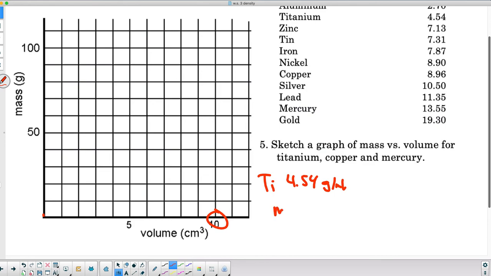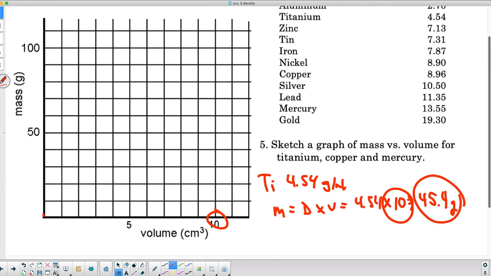So to get mass, I take density times volume. That means 4.54 times 10 equals 45.4. That's for my mass. So if I do 10 milliliters as one point, I get 45.4.